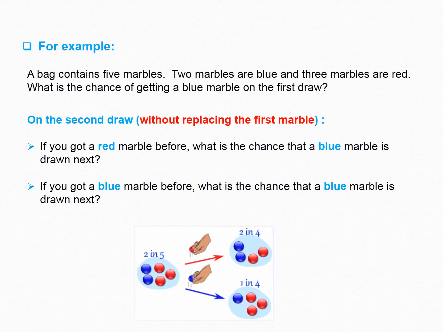If you had a red marble on the first draw, the chance of drawing a blue marble in the second draw will be 2 in 4. But if you had a blue marble on the first draw, then your chance of getting a blue ball on the second draw will change to 1 over 4.